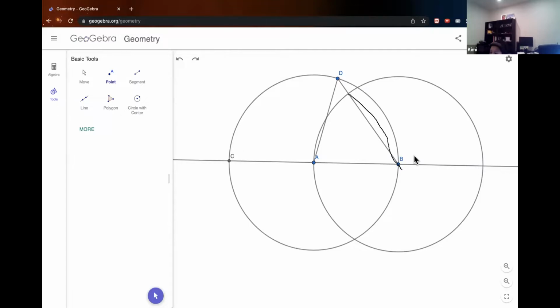And that means this angle right here is over 60 degrees. It's an obtuse, right? Well, no, it's still an acute, just over 60 degrees.